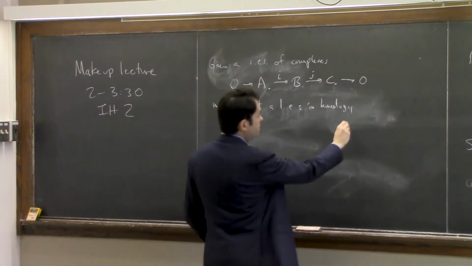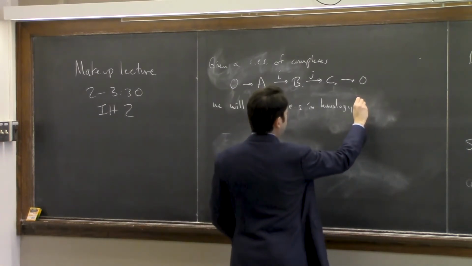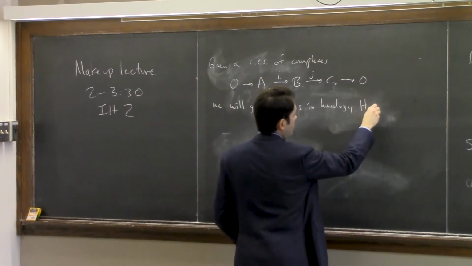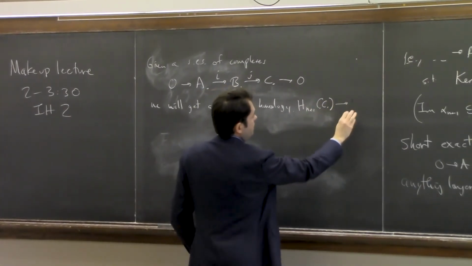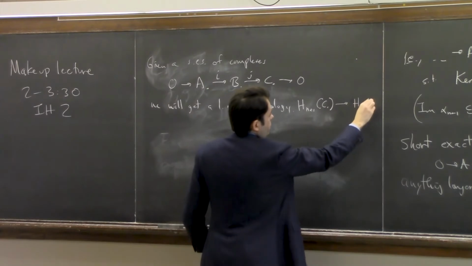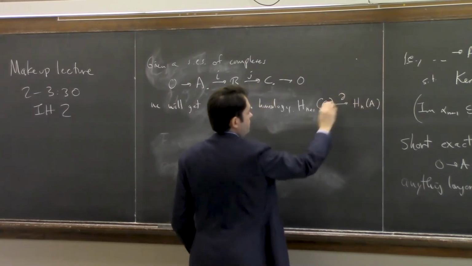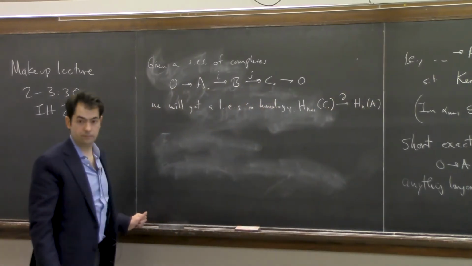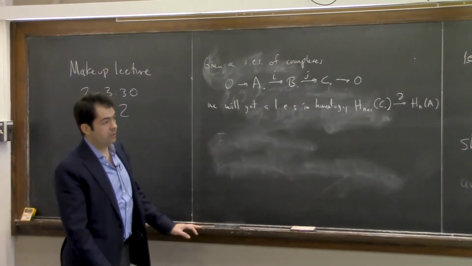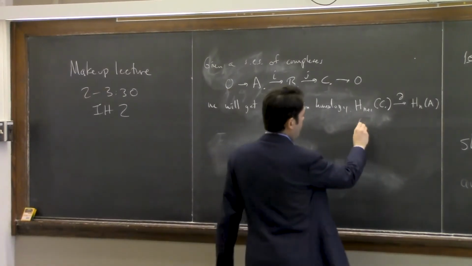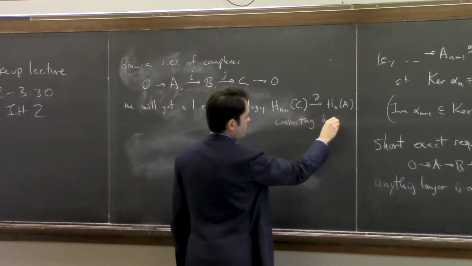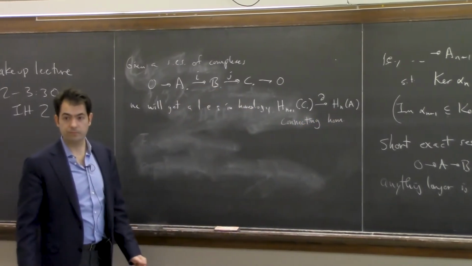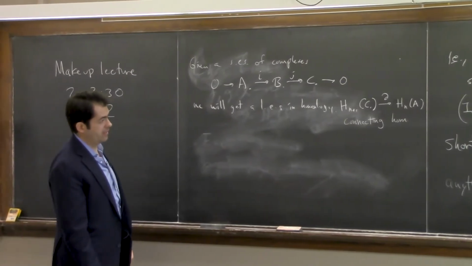The key is we're going to get a map from the homology of C to the homology of A. This is known as the connecting homomorphism. Let's see how you define that.